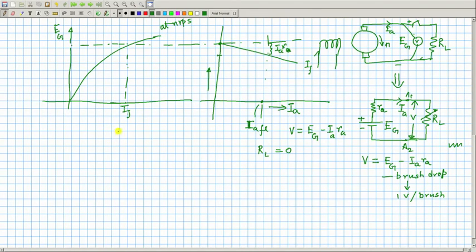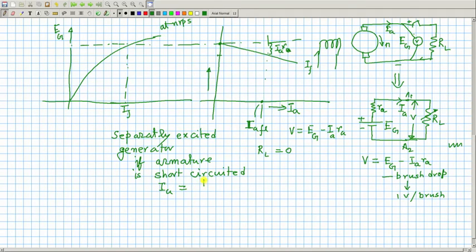So, in a separately excited generator, if the armature is short circuited, armature current will become equal to E g by R A. What is R A?